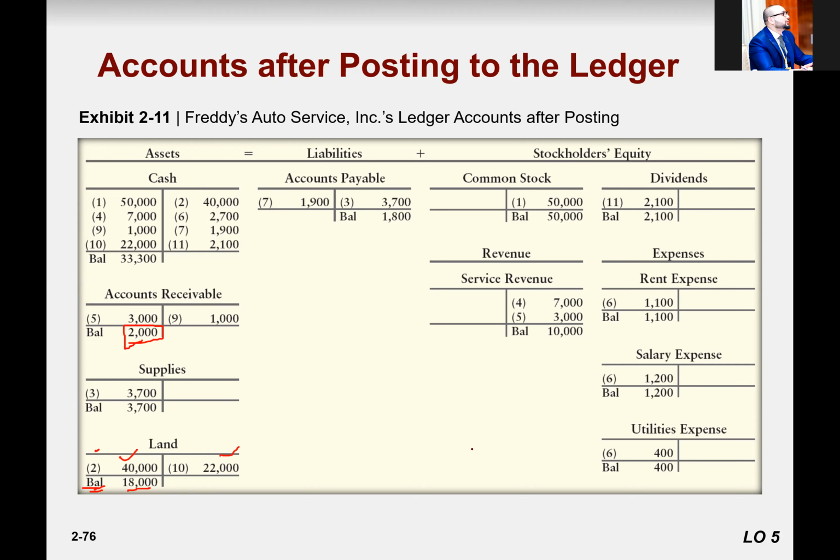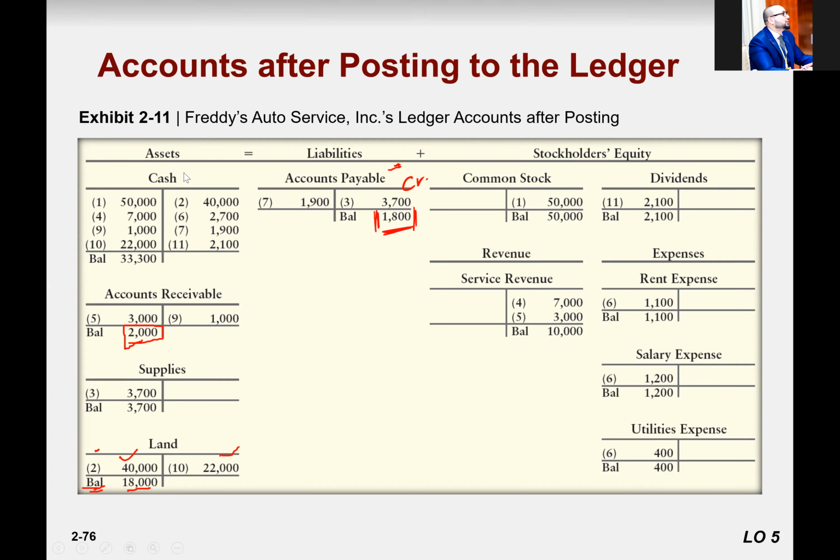So if you see here, the liability account payable side, so which side is greater? 1900 or 3700? Of course, 3700 side. So this is basically credit side, right? So you write down the balance, and this balance is coming from 3700 minus 1900. So it means we still have to pay to our supplier amount 1800.